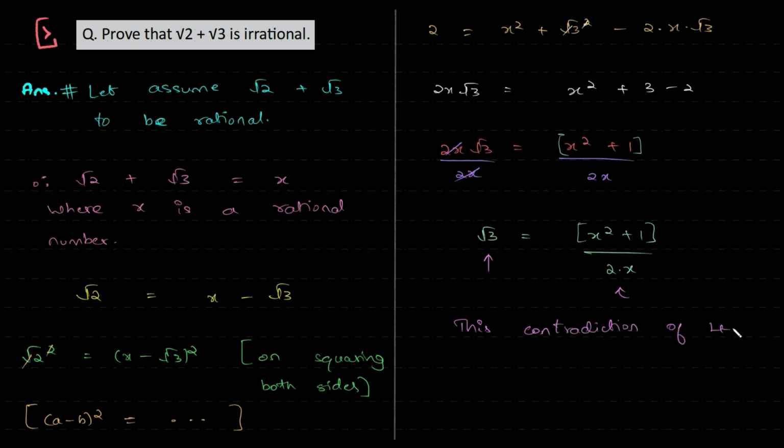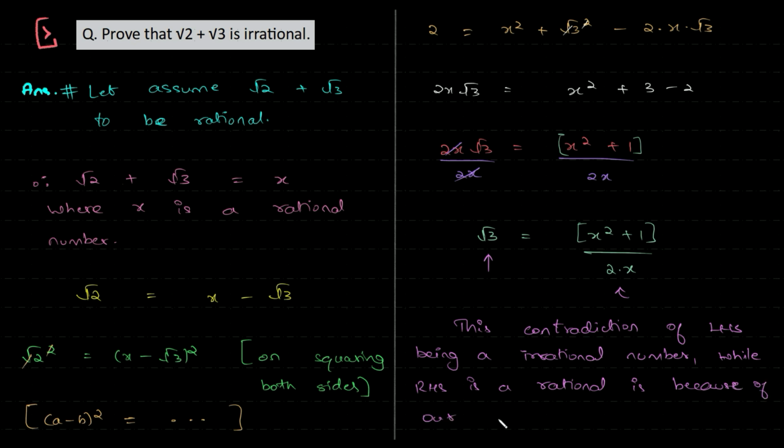of LHS being an irrational number while RHS is a rational number is because of our wrong assumption.